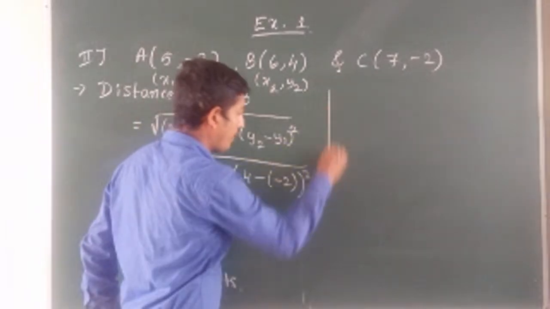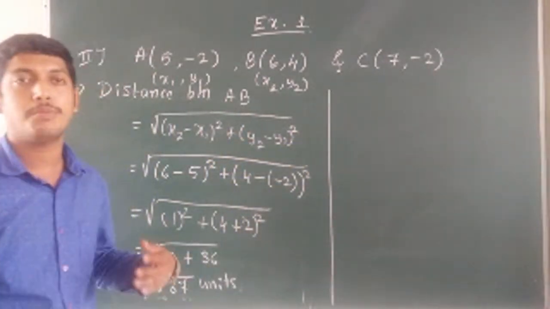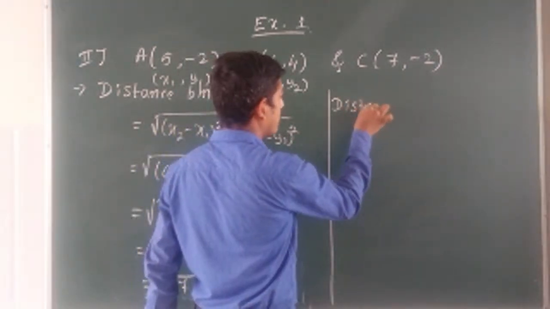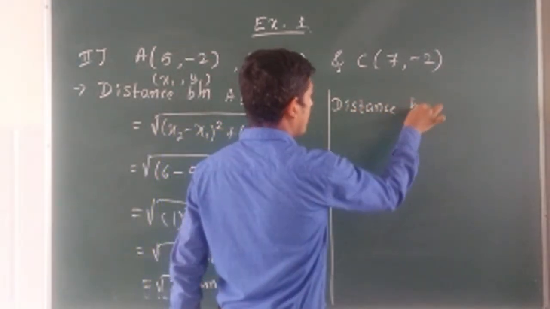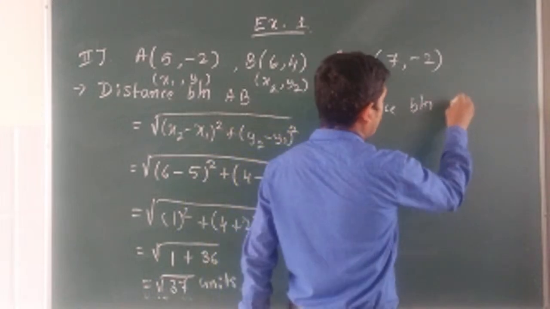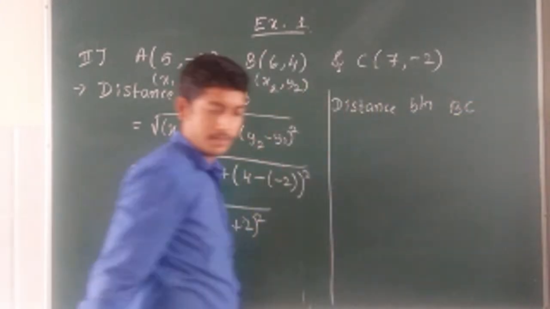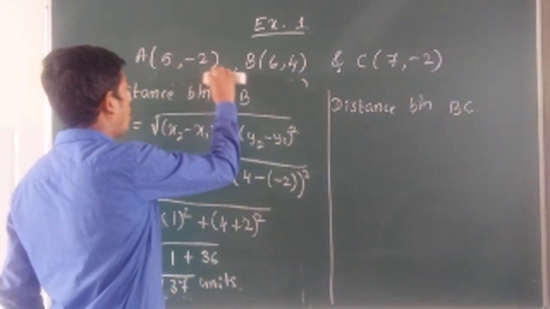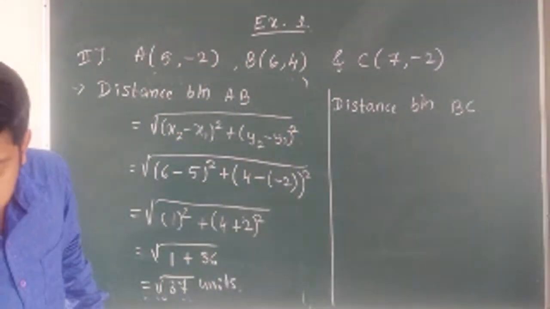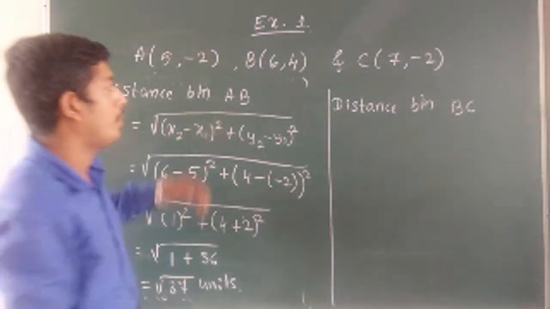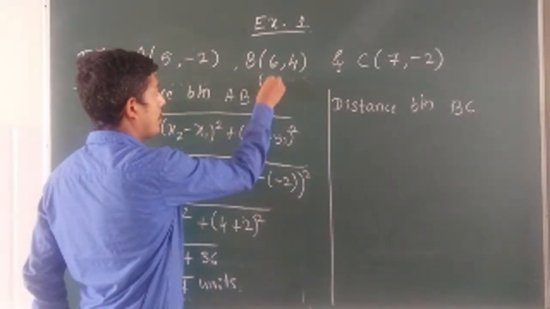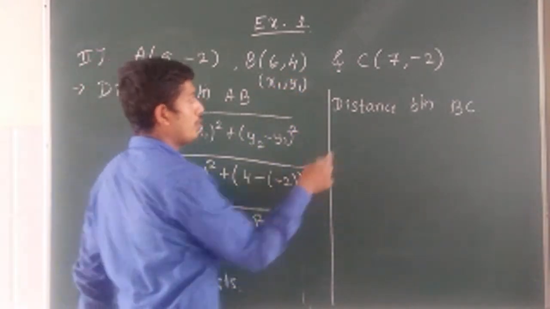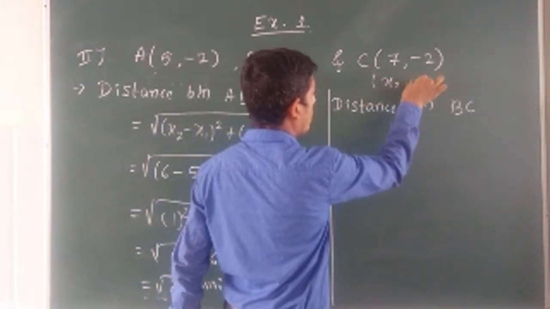So next one we find out the value of distance between B and C. So what we have to do? We have to consider the coordinate points of B as x1 comma y1, and coordinate points of C as x2 comma y2.